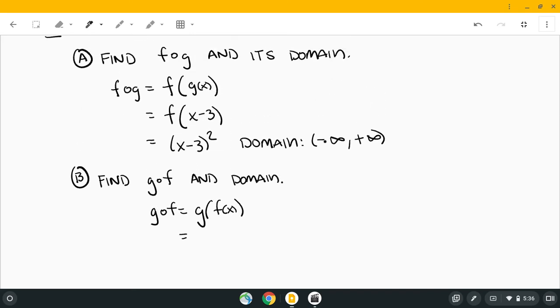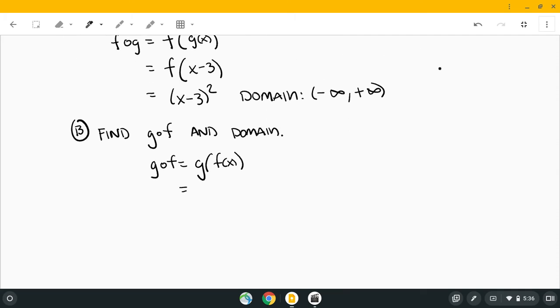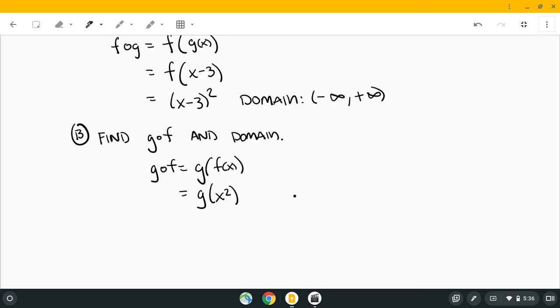What is f of x? f of x is x squared. So it's like saying find g of x squared. So x squared is going to be the one that we plug into the g function.